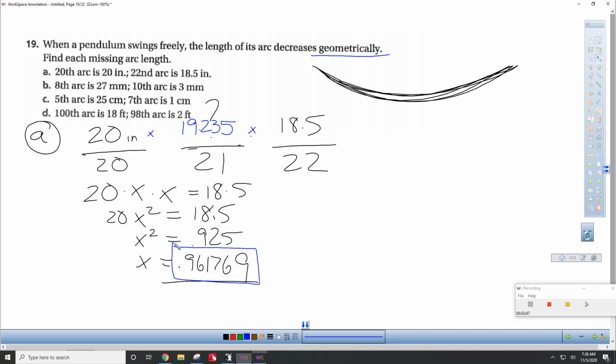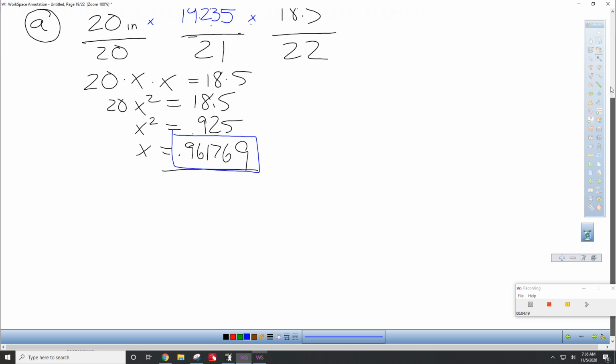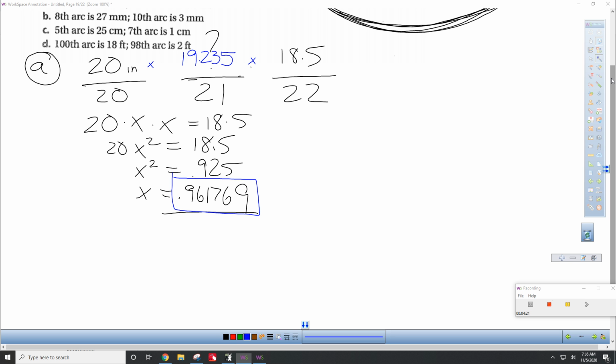I'll do B. So for B, it's going to be 27. 27 is our first entry, right? Times x squared equals 3.